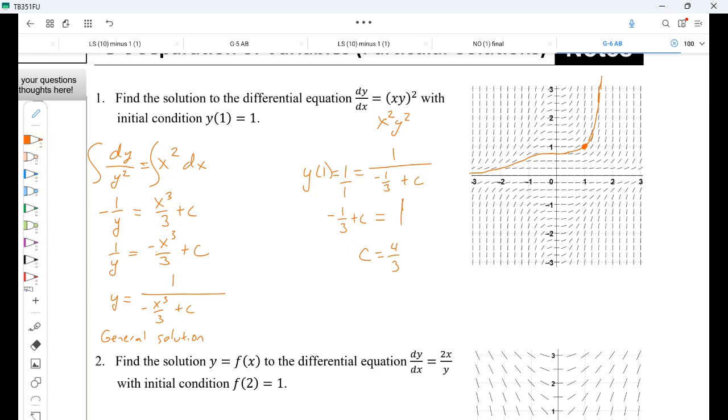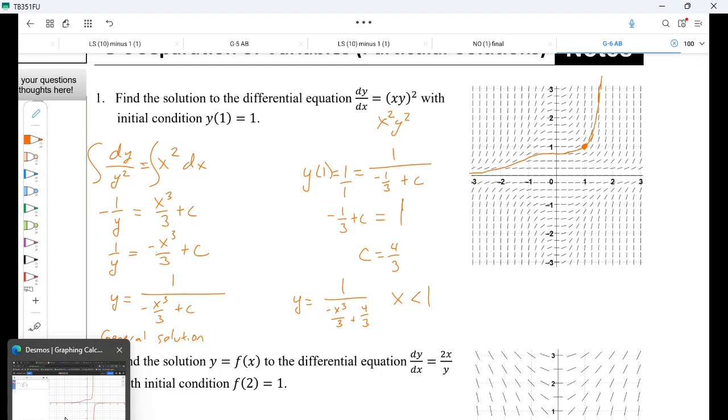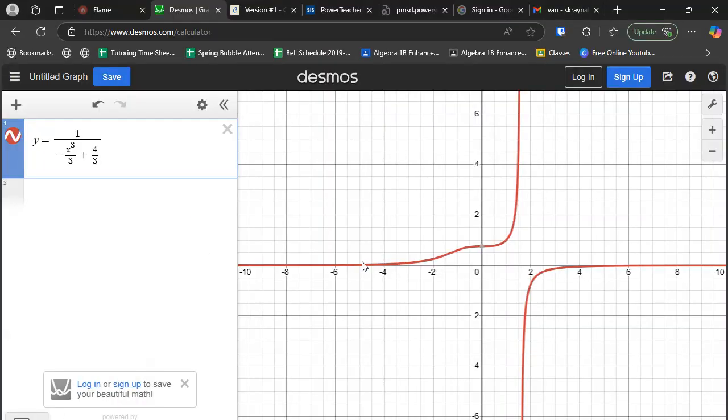So my answer is y equals 1 over negative x cubed over 3 plus 4/3, and x is less than 1. Wait, did that asymptote at 1, or am I actually getting that wrong? But y of 1 is 1.